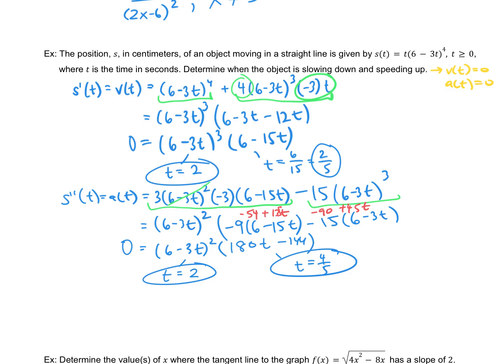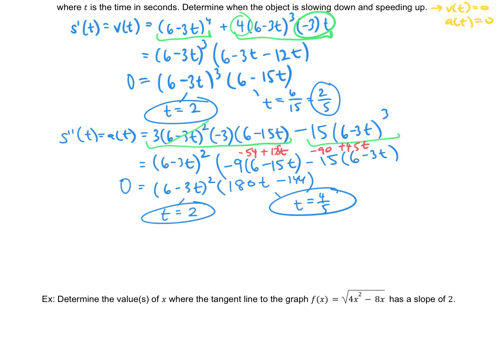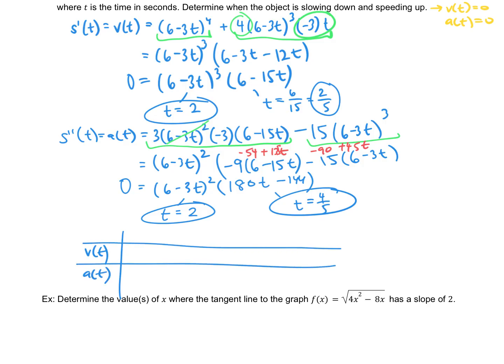And now I'm going to do my sign analysis using all of those zeros and the velocity and acceleration equations. So velocity, acceleration, and we're going to go from 0 to 2 over 5, from 2 over 5 to 4 over 5, from 4 over 5 to 2, and from 2 to infinity.